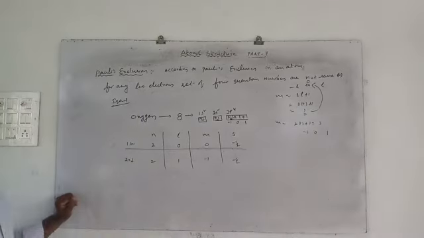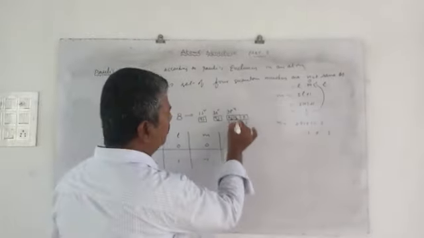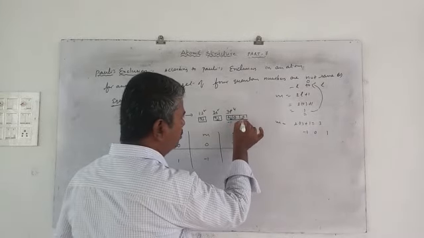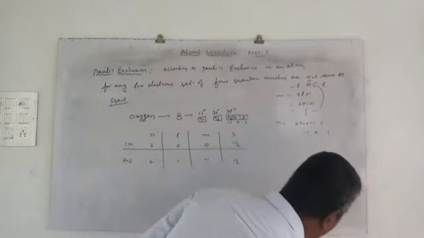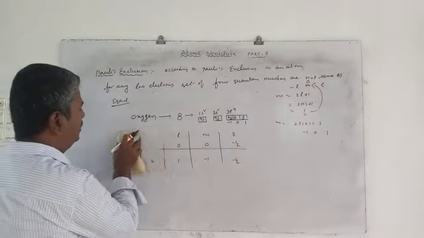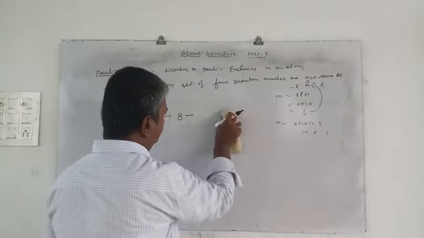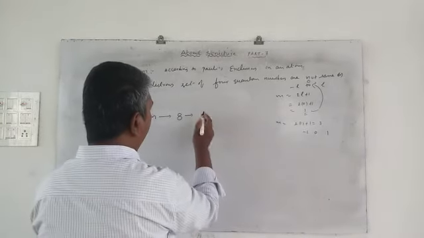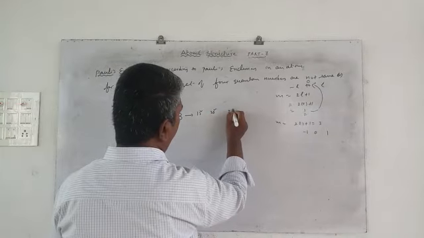Clear? Now if you want to write for these 2 electrons, observe carefully. In oxygen, 1s2, 2s2, 2p4.